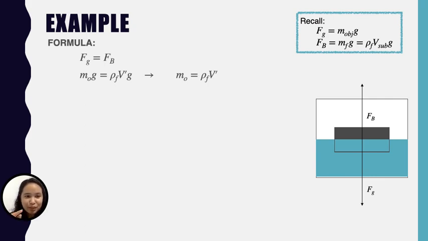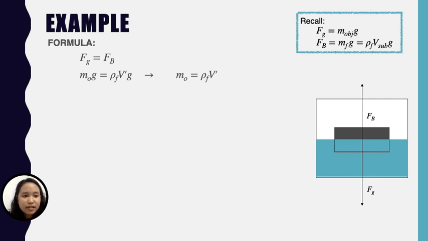It became V prime so that it is convenient for us and we don't have to write V sub something. So we set it that way in the given. But it is also okay if you use the recalled formula, which is density of the fluid times V sub times g.